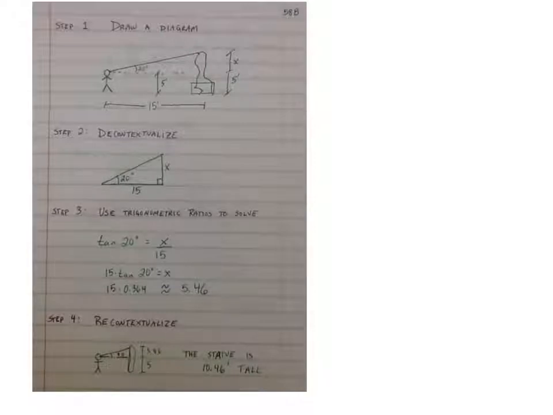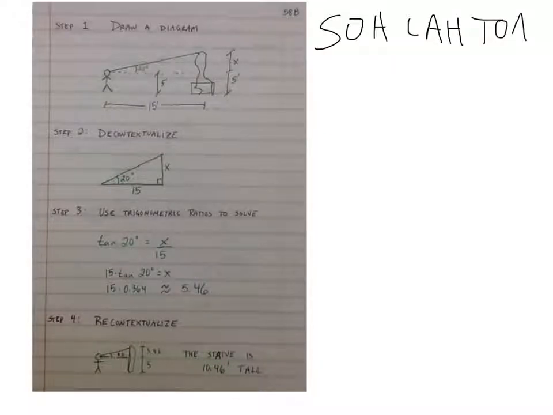And using our trigonometric ratios, if we think back to our trig ratios, we have SOH CAH TOA, and in this case our known angle is 20 and our sides that we're looking at are opposite and adjacent. So tangent uses opposite and adjacent. Tangent of 20 is x over 15.